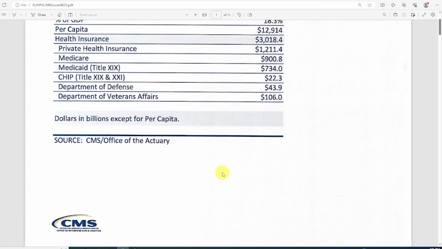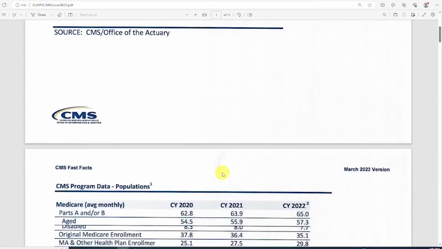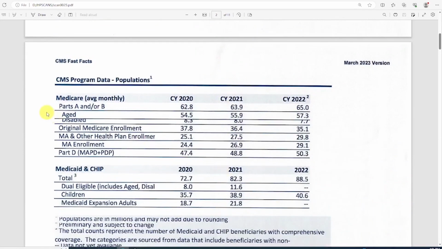Let's take a look at more data from CMS. This is 2021. We have Part A and Part B. When we look at the data of the population, it's 63.9 million. Age eligibility enrollment, 55.9.